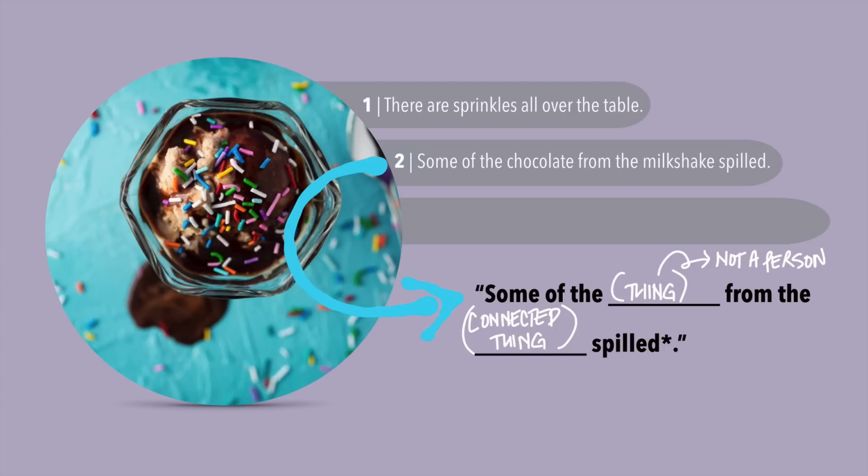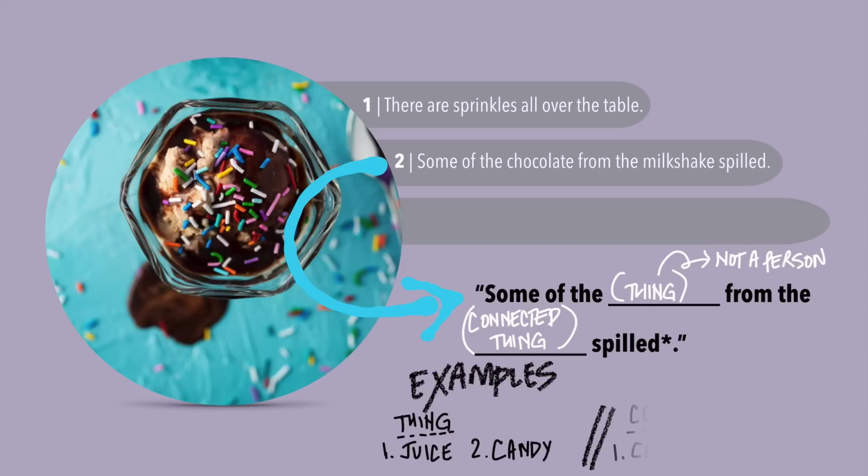Some of the thing, not a person, because we're using the verb spilled, from the, and then a connected thing. Okay, so here we go. I'll explain. First thing is juice or candy, and then the connected thing. So number 1, carton. Why is that connected? Because juice normally comes in a bottle or a carton. And then number 2, bottle.